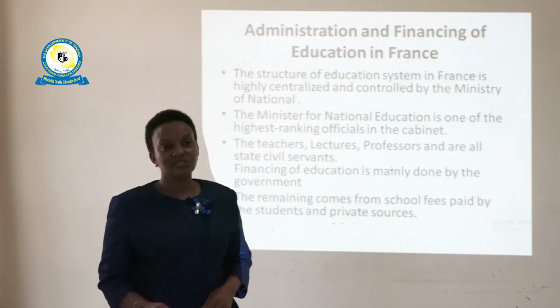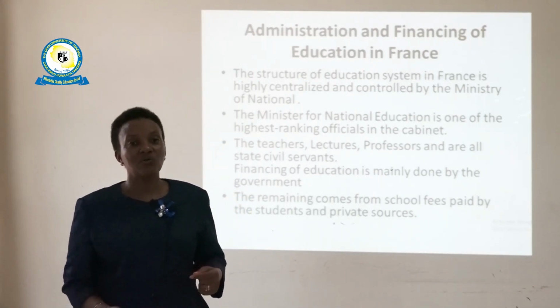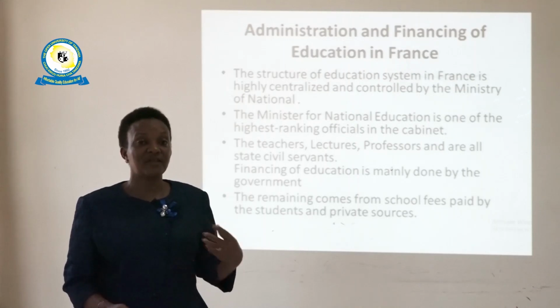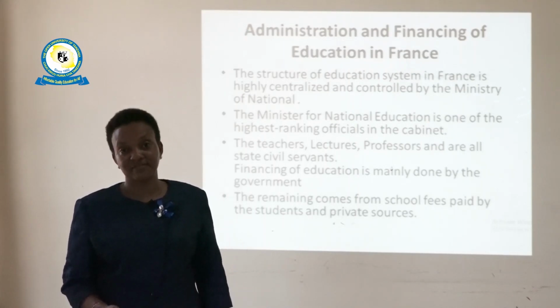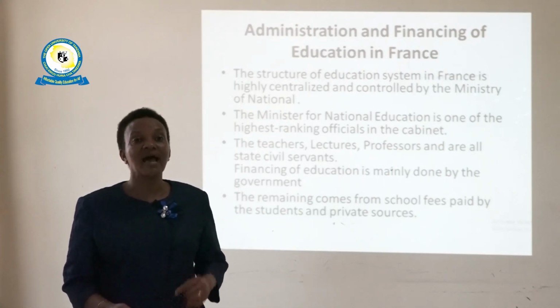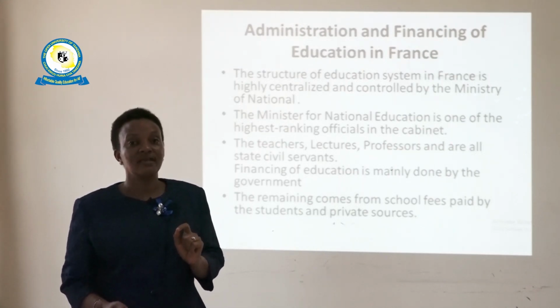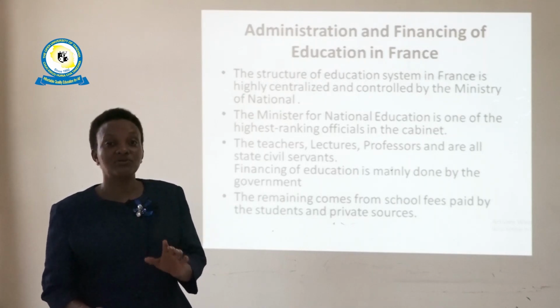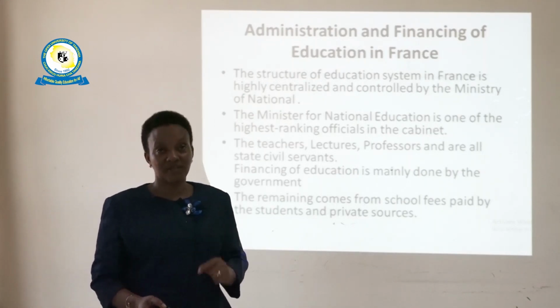Now, let us look at how they administer and finance the education in France. The structure of the education system in France is highly centralized, and therefore it is controlled by the Ministry of the Nation.